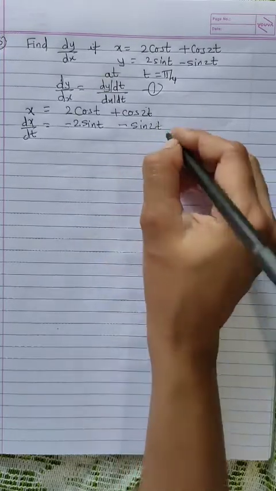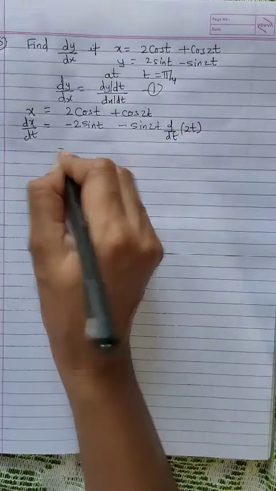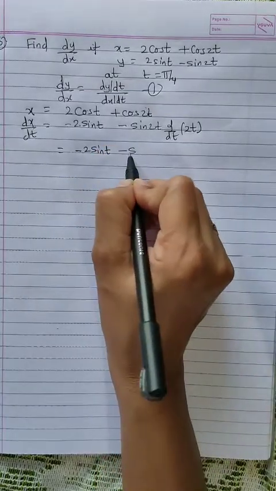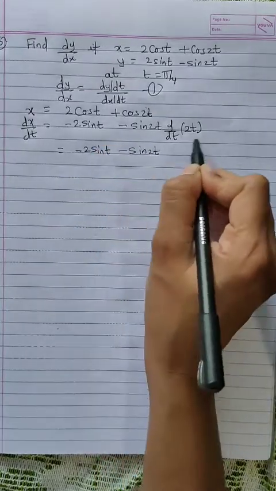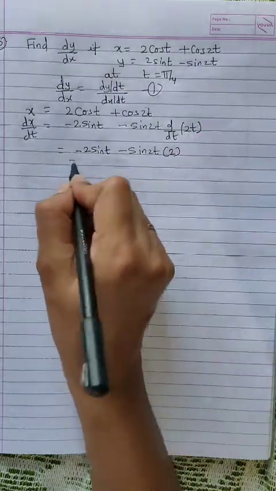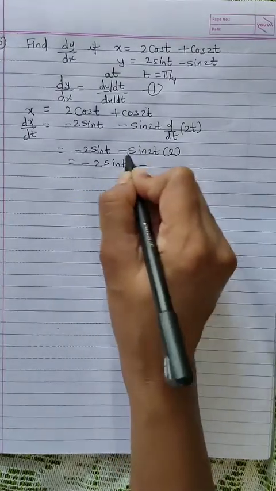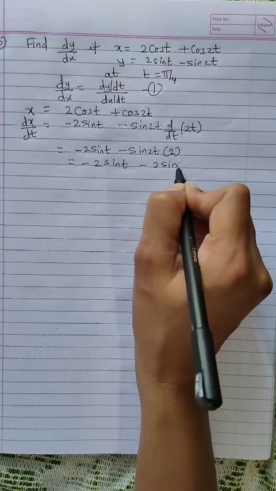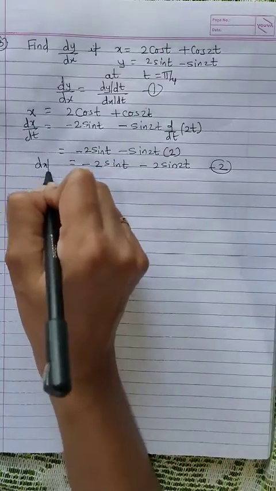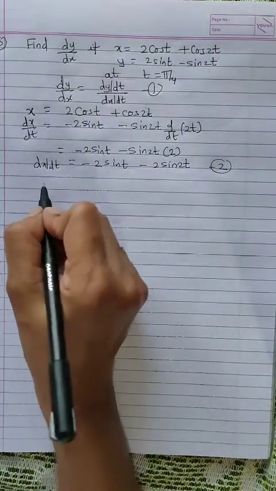And 2t is a composite function, so again differentiation of 2t, which is simply 2, because differentiation of t is 1. So your final answer is minus 2 sin t minus 2 sin 2t, where the 2 comes here. Say this is equation number 2, and this is dx by dt.